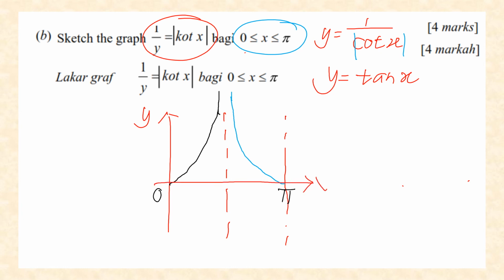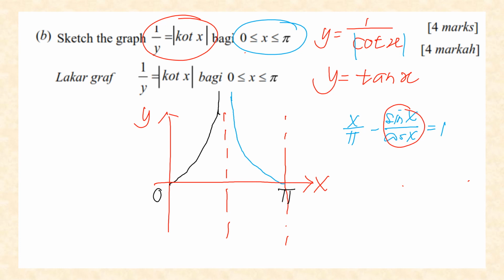Okay, the equation given to me is x over pi minus sine x over cos x equals 1. So what do you do with this one? What is sine x over cos x?